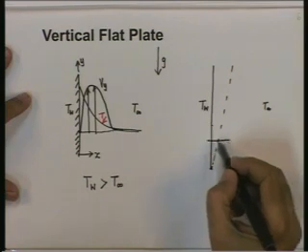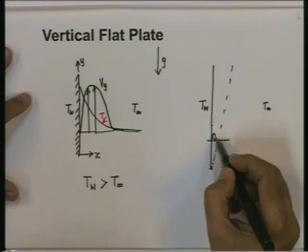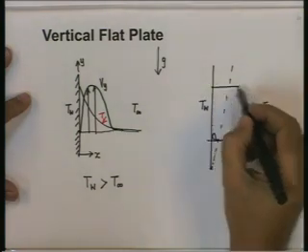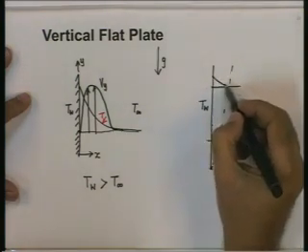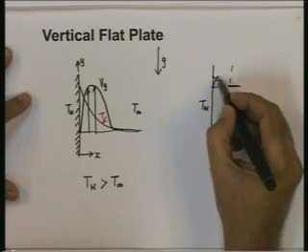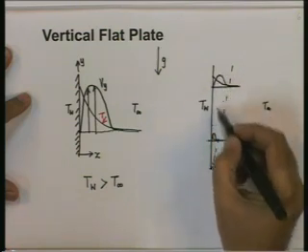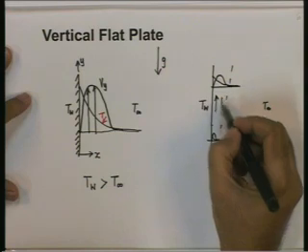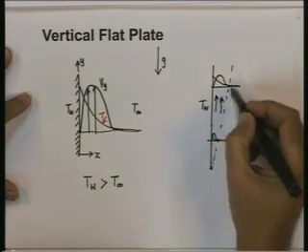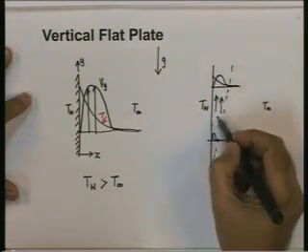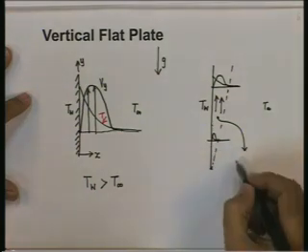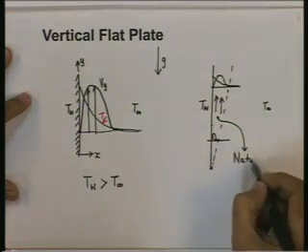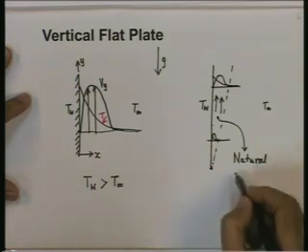At any point in the boundary layer, we will have a temperature profile, we will have a local velocity profile. Out here, we will have a slightly different temperature profile and a slightly different velocity profile. Fluid in this zone will be moving up and this zone will be known as the natural convection boundary layer.